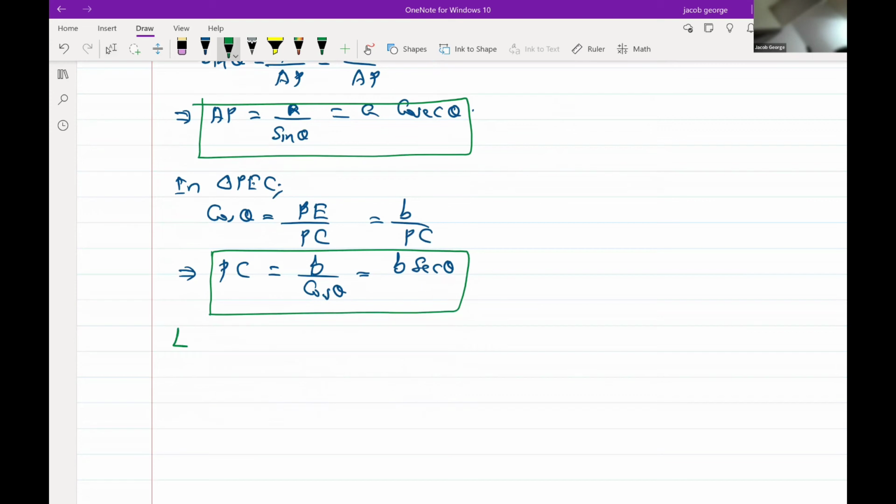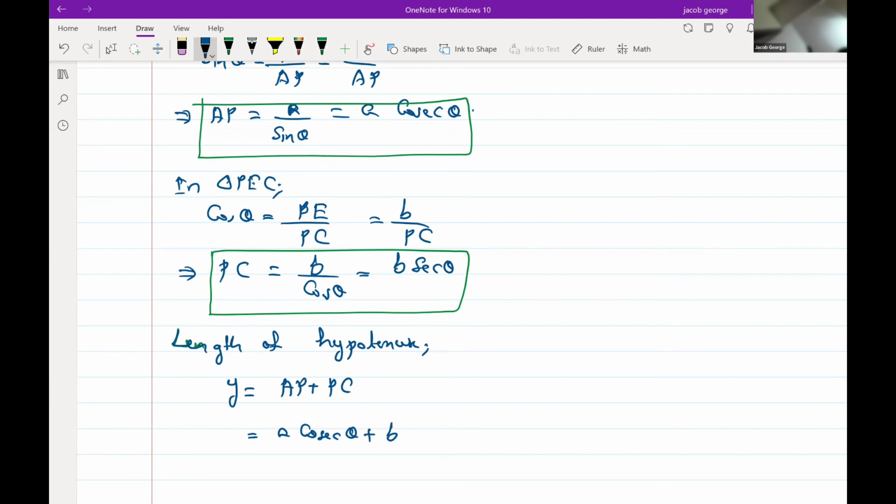Length of hypotenuse y is equal to AP plus PC, that is equal to a cosec theta plus b sec theta.